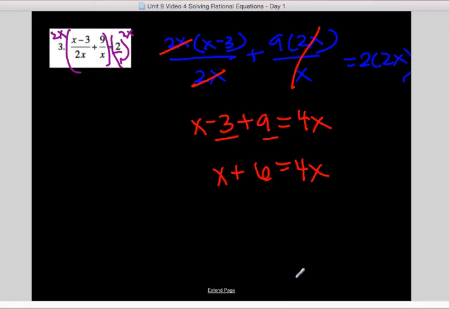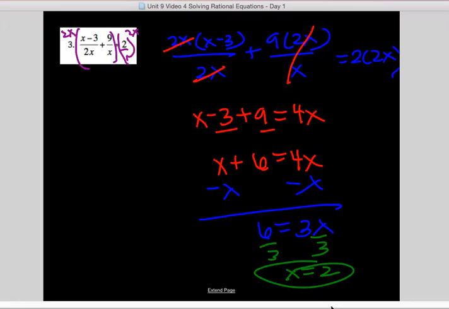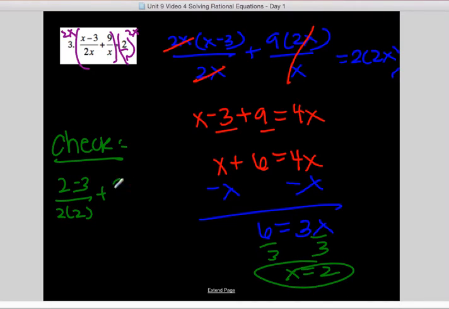I'm going to move the x to the other side. So I have 6 equals 3x, and if I divide by 3, x is equal to 2. Okay. Like I said before, you can always go and check. Okay, so I would plug in a 2 for all my x's. So I'd have 2 minus 3 over 2 times 2 plus 9 over 2.